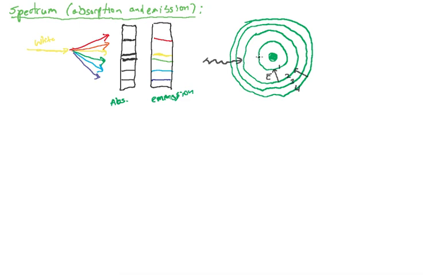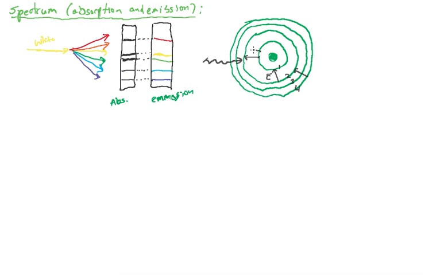So the only energy levels it can actually absorb are ones that will get it exactly to one of these orbitals. So these absorption lines would just match up nicely with the emission ones because those were the only kind of photon energies that it could either give off or interact with.